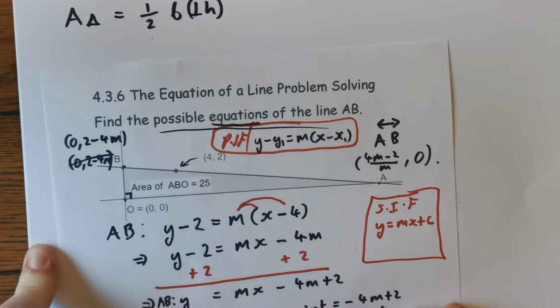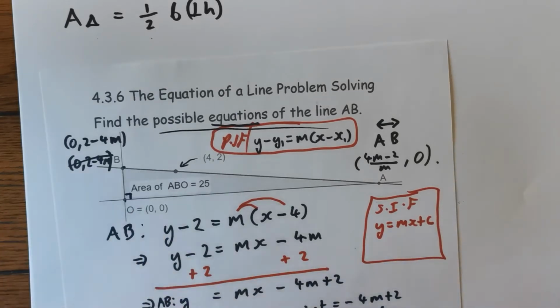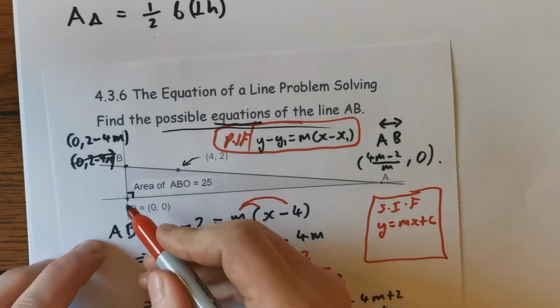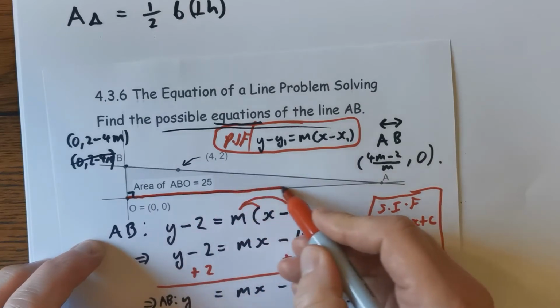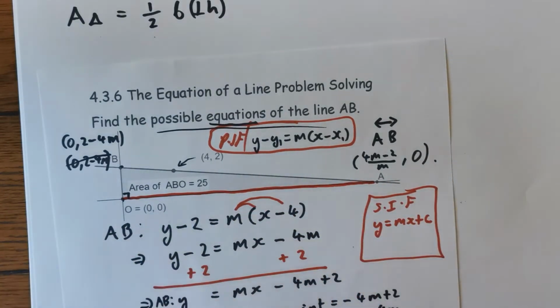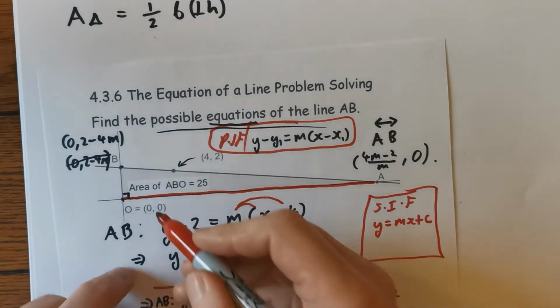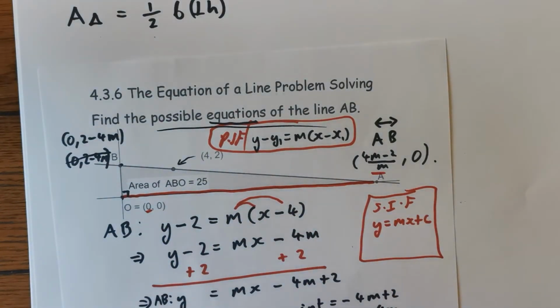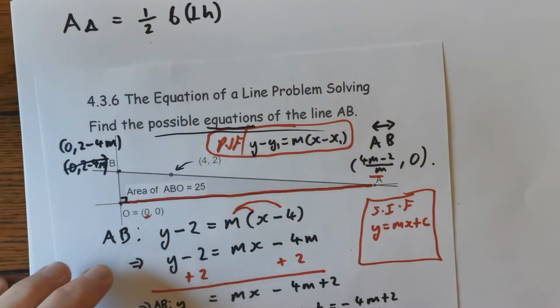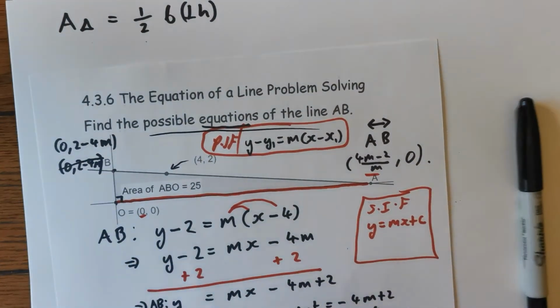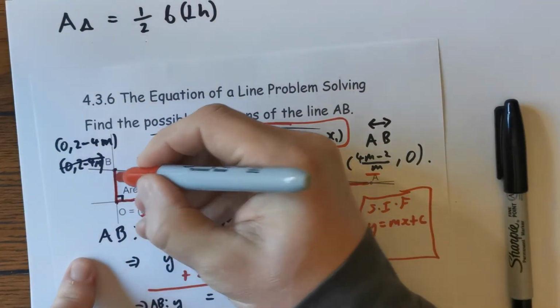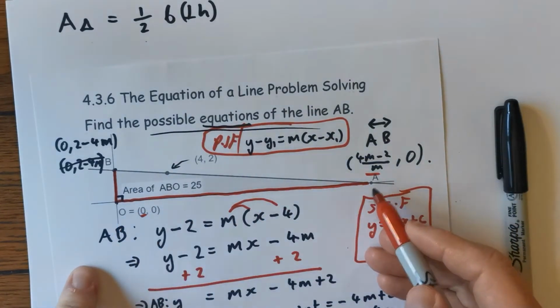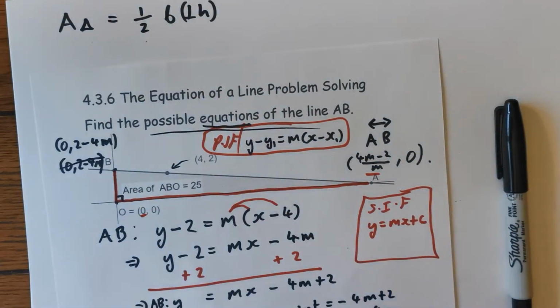If we look at our triangle, the base is going to be the distance from the origin all the way over to that point A. And what's that distance? The change in the x-coordinate from 0 to there is 4m minus 2 over m. So that's the base. The height is going to be whatever the y-intercept is. So the base is just the x-intercept, and the height is just the y-intercept.